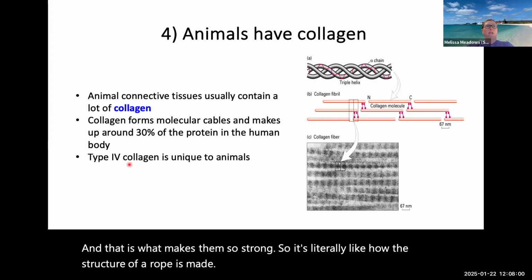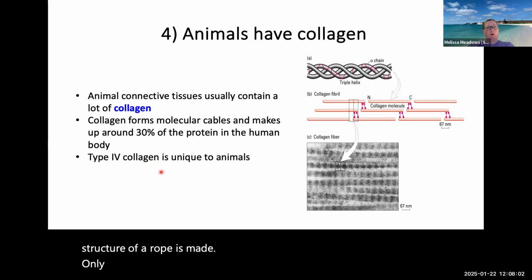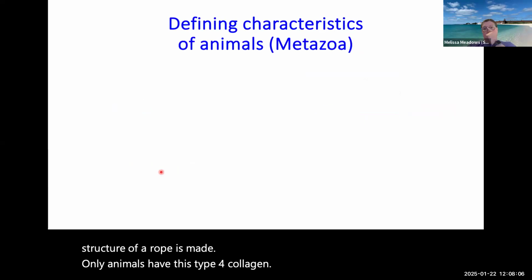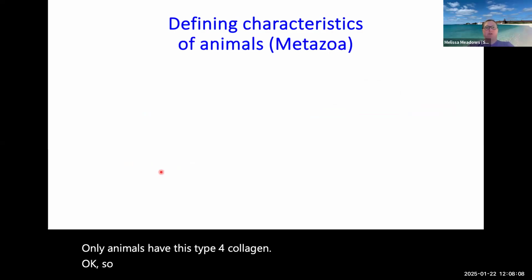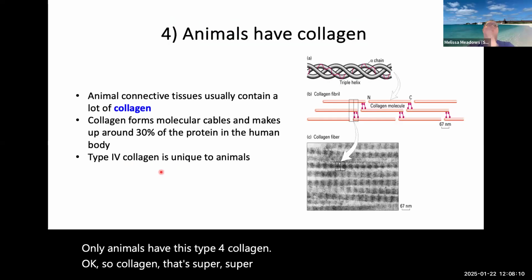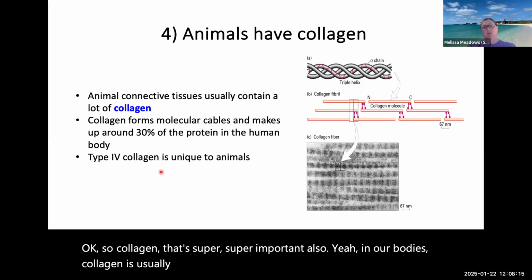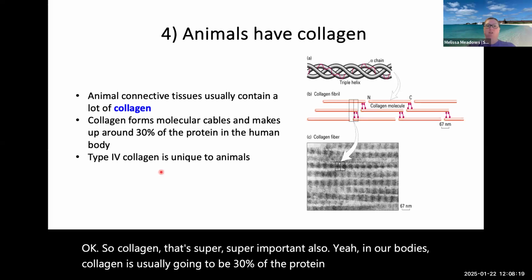Only animals have this type 4 collagen. Okay, so collagen, that's super, super important. Also, yeah, in our bodies, collagen is usually going to be 30% of the total protein. So that's a lot.